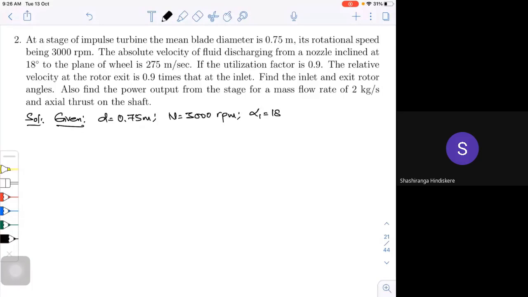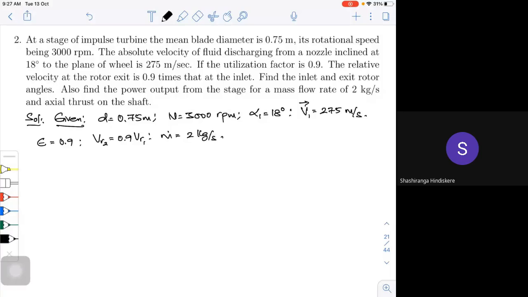V1 is equal to 275 meters per second, and your utilization factor, epsilon, is 0.9. The relative velocity at the exit is equal to 0.9 times the relative velocity at the inlet. That's the meaning of it. Then your mass flow rate is 2 kg per second.